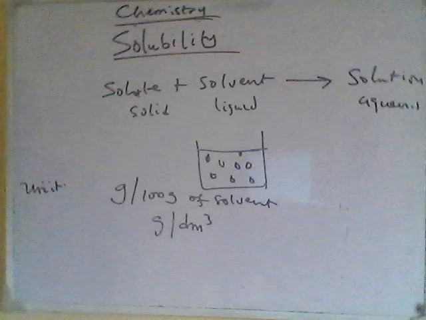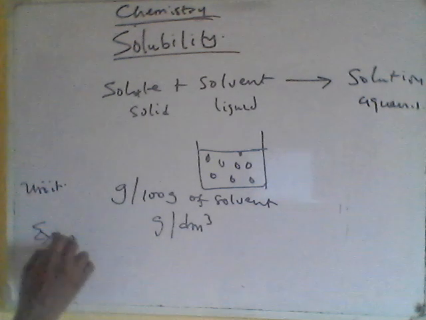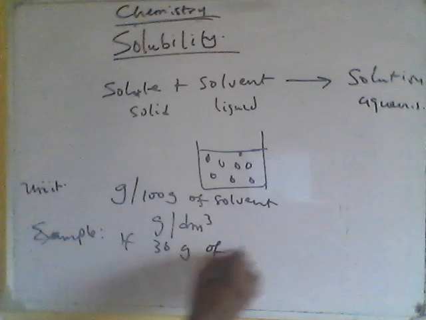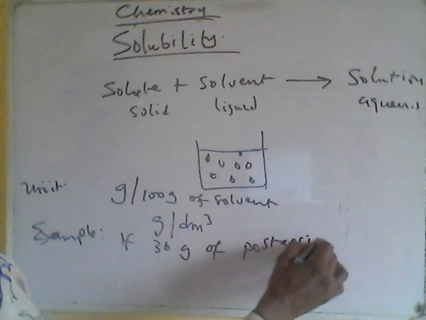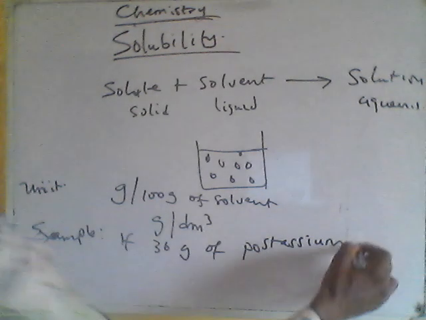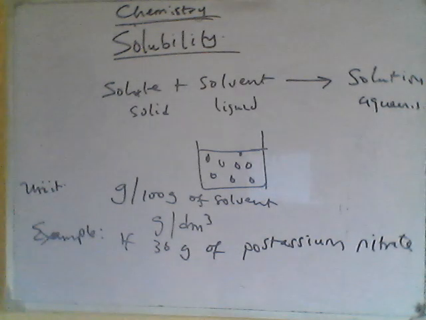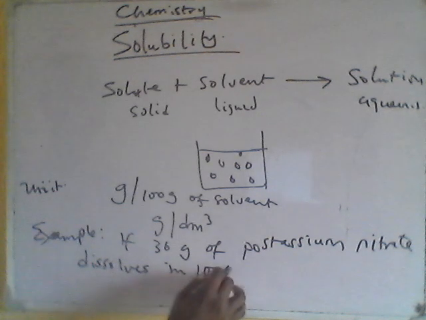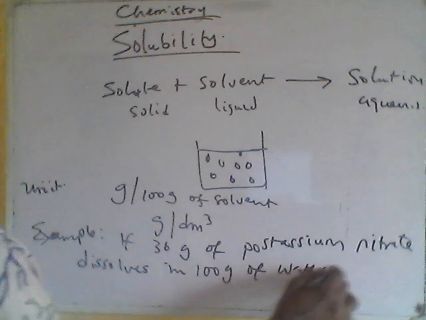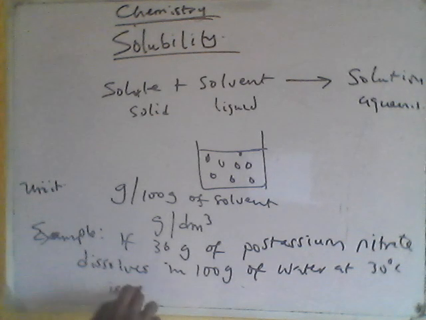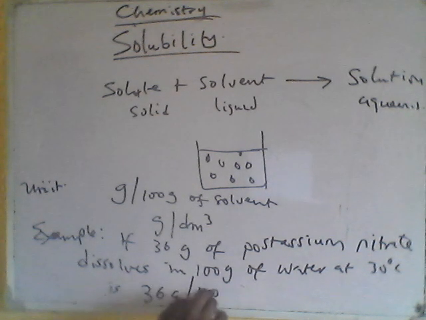So an example of what I'm saying: if 36 gram of potassium nitrate dissolves in 100 gram of water at 30 degrees, you see the condition, at 30 degrees, its solubility at that temperature is 36 gram per 100 gram of water.